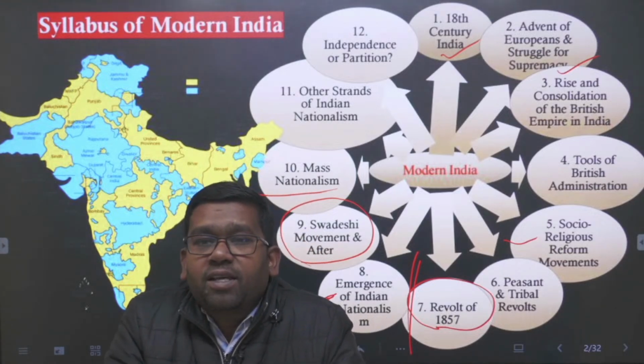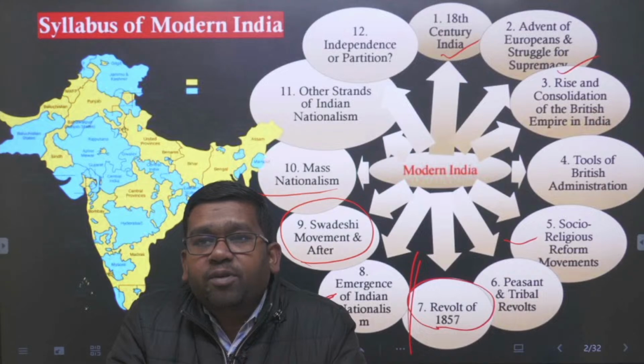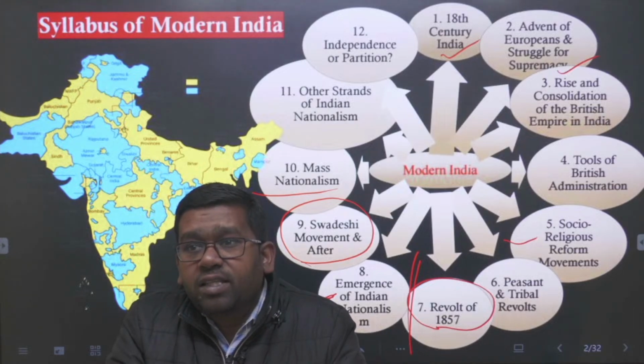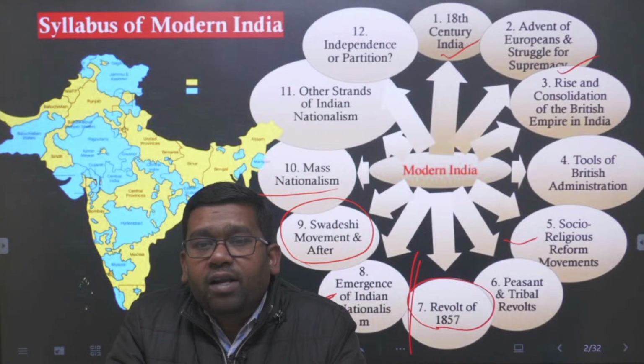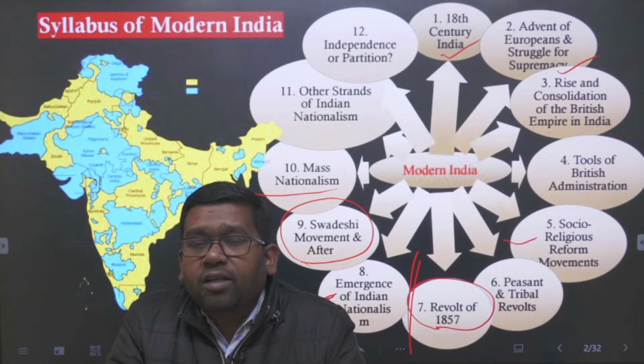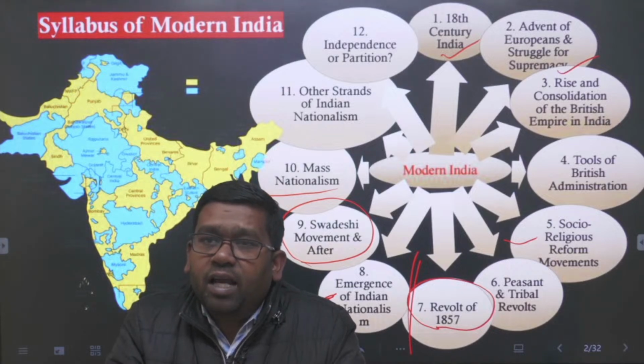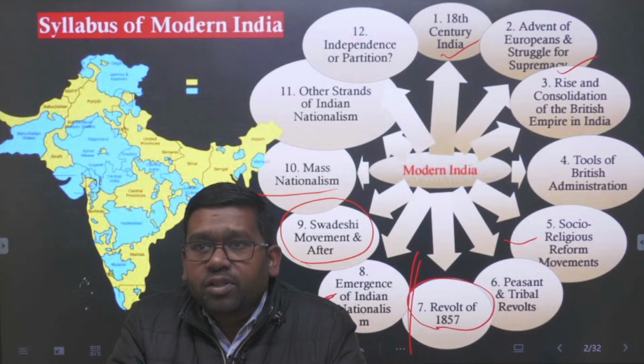Chapter 11 is followed by the final chapter of modern India, chapter 12, which is independence and partition. In this chapter, we discuss the major developments from 1935 that led to the partition or the independence of India. Let me recall some of the major events after 1935.